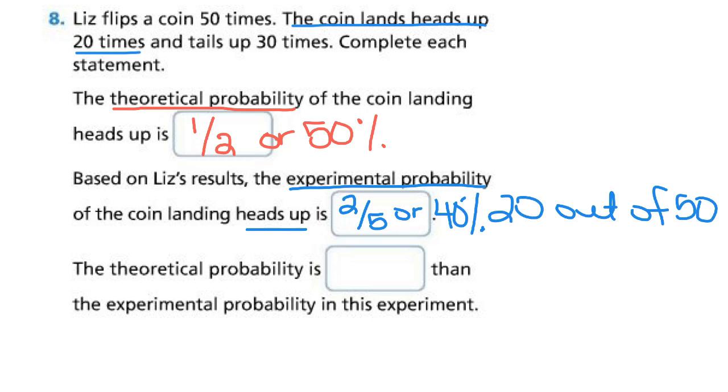So based on her experimental probability, the heads landed 40% of the time. Now our question, the theoretical probability of 50% is blank than the experimental probability of 40%. And 50 is greater than 40, so the theoretical probability is greater than the experimental probability.